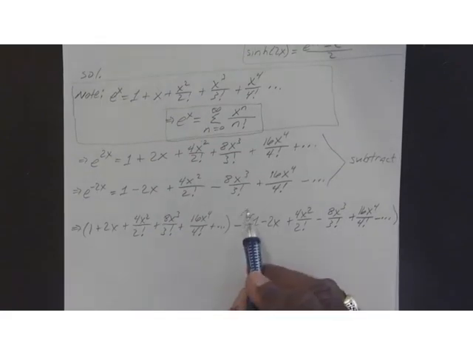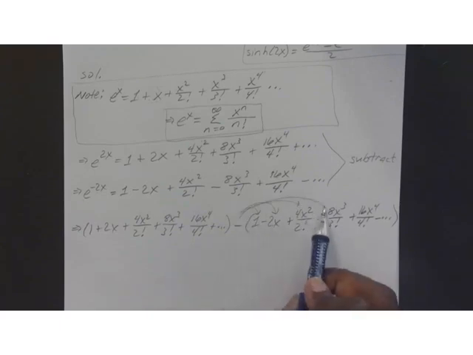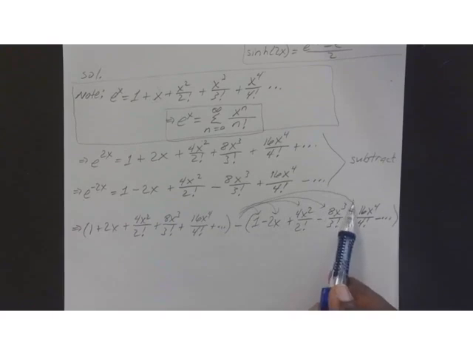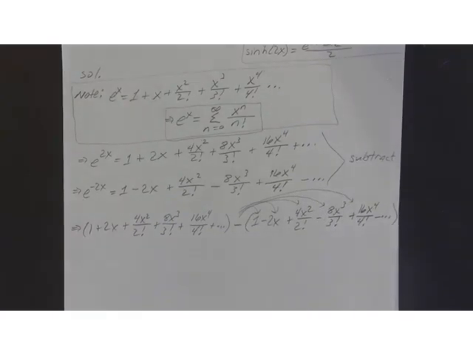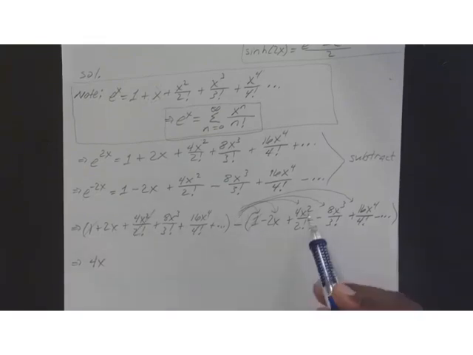Okay. So now we just have to distribute that negative and combine like terms. So we have 1 minus 1, which is 0, so those two just cancel each other out. So we have 2x plus 2x, which is 4x. 4x squared divided by 2 factorial minus 4x squared divided by 2 factorial, so those two cancel each other out.